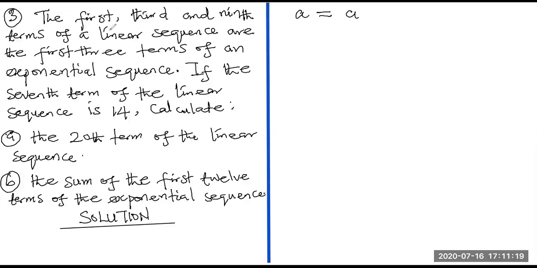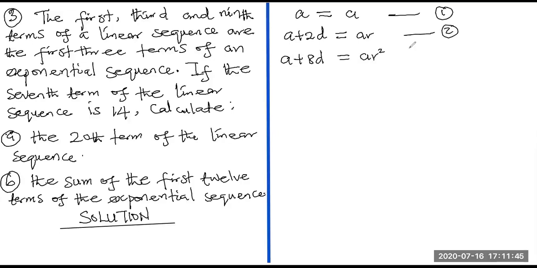So the third term of the linear sequence, which is A plus 2D, will correspond to the second term of an exponential sequence, AR. I'll call this equation 2. And again, the ninth term, A plus 8D, will correspond to the third term of the exponential sequence, AR squared, equation 3.